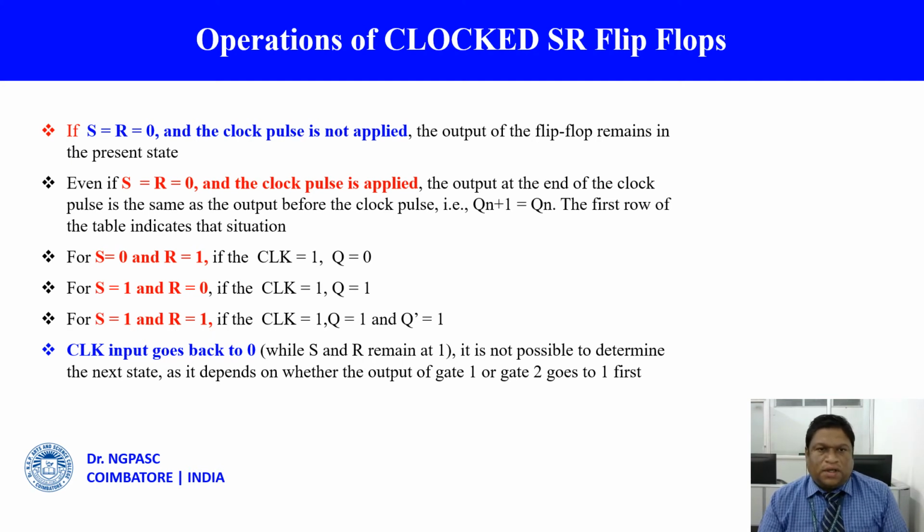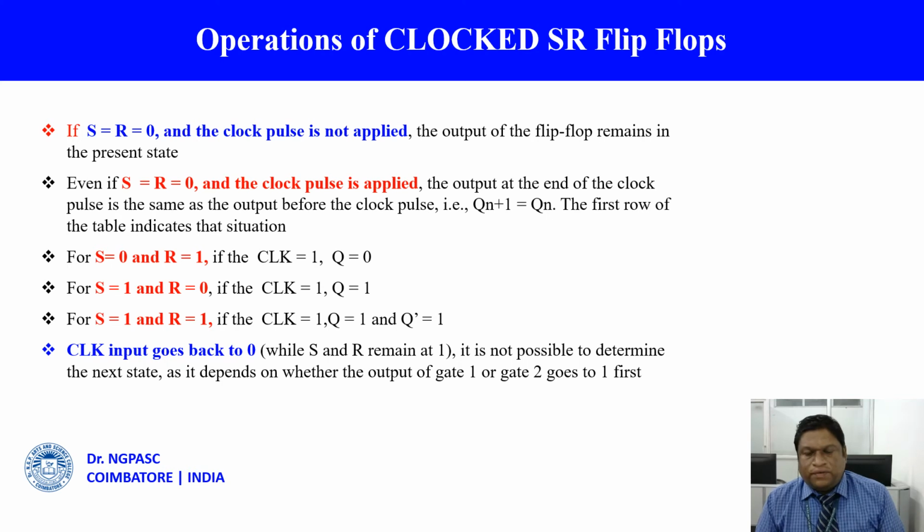So for S is equal to R is equal to 0, the clock pulse is not applied. When the clock is not applied, then the output of the flip-flop remains in the present state. The important point is that we have to apply the clock pulse because it is given into the AND gate.